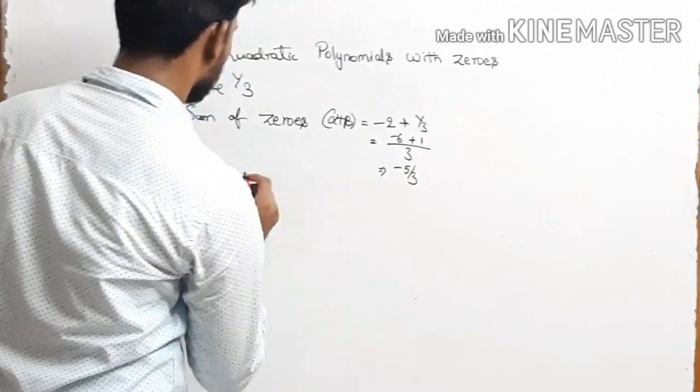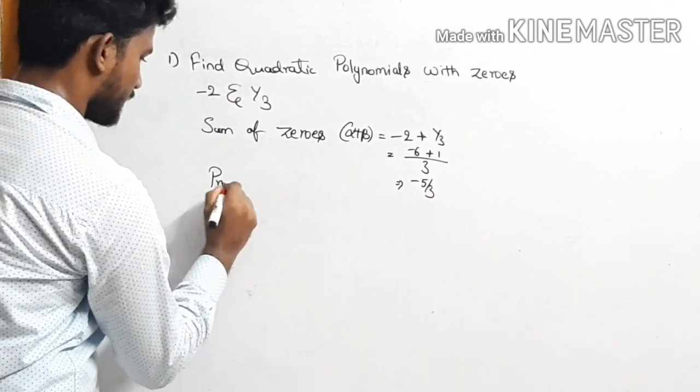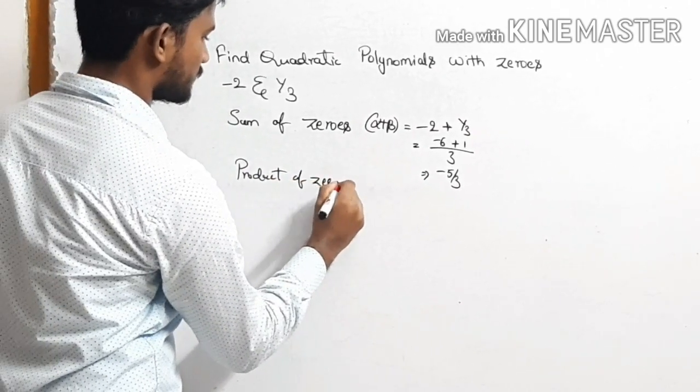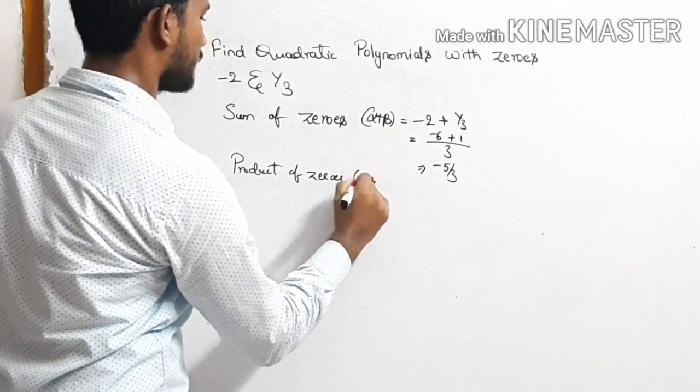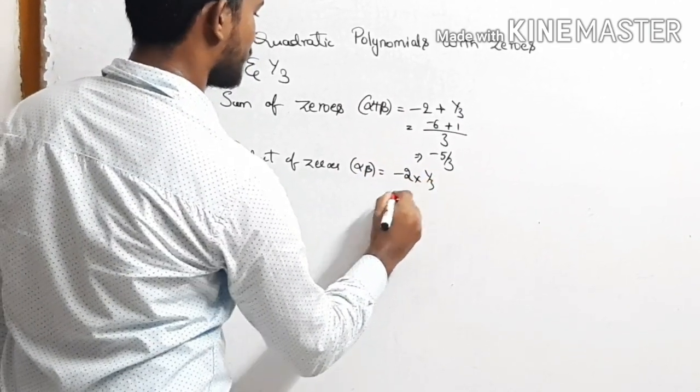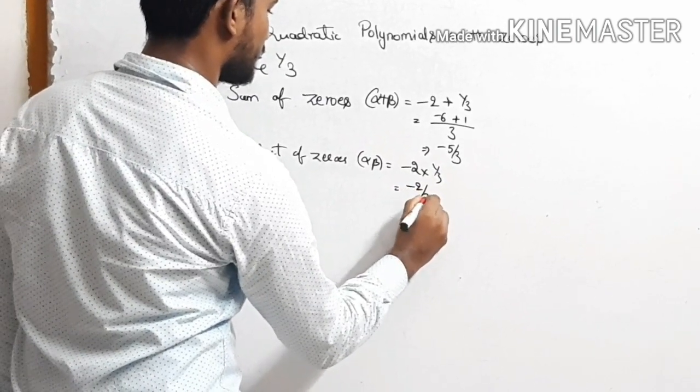This is alpha plus beta. Then find the product of zeros, alpha into beta, that is minus 2 into 1 by 3, which is minus 2 by 3.